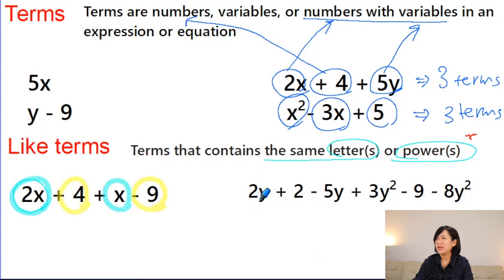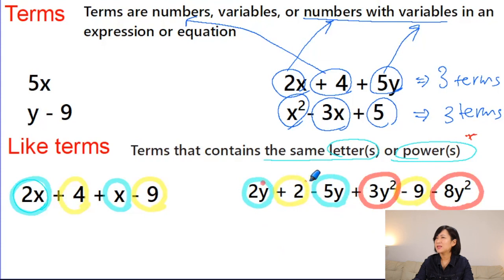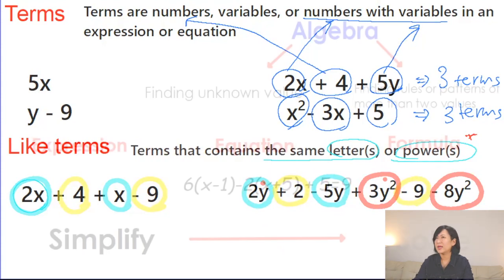So which term has got y? Minus 5y. That's all, right? Then numbers 2, minus 9. These are the like terms. And then double check with the powers. So 3y squared and minus 8y squared. These are the like terms since they all have y squared.